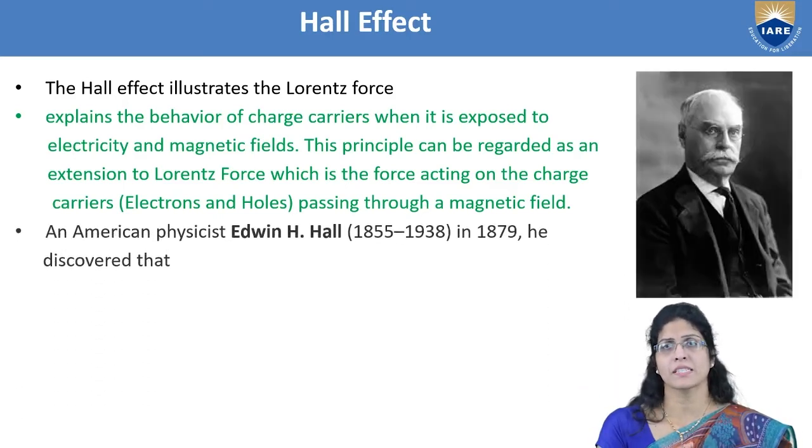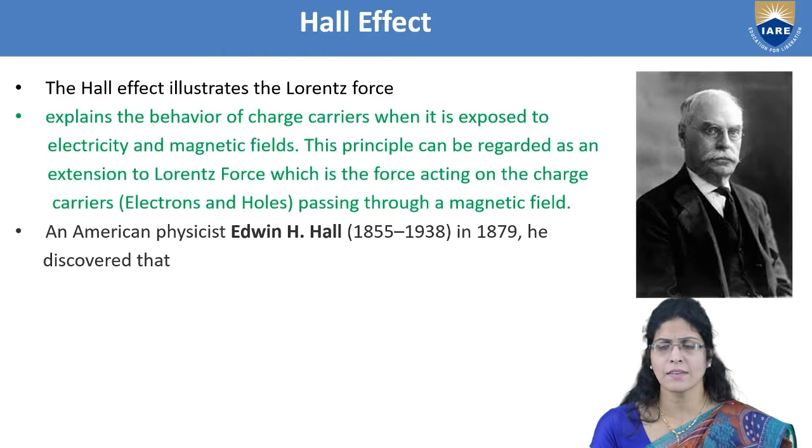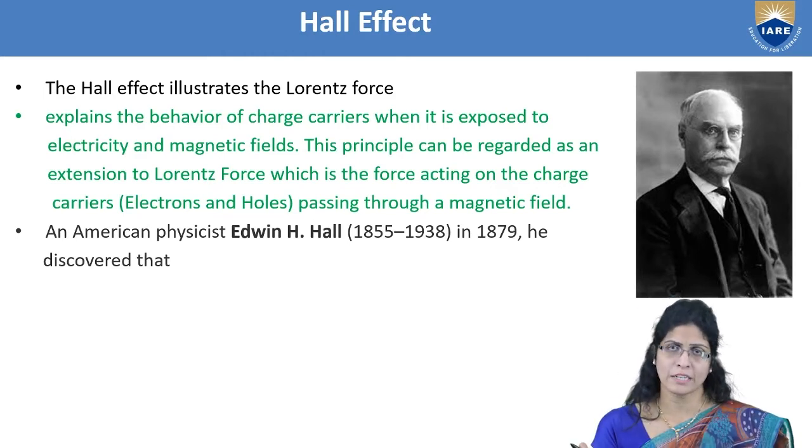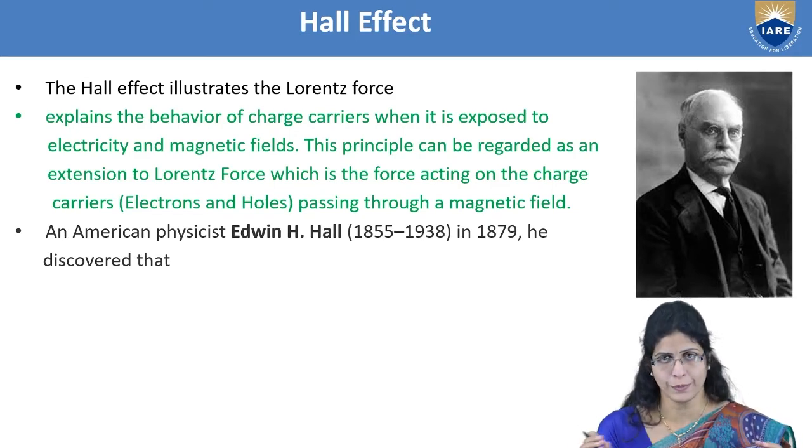This principle was studied by an American physicist, Edwin H. Hall, in 1879. When he discovered this, in those days they considered the flow of electrons or charges in an electric wire to be just like the flow of liquid in a tube.